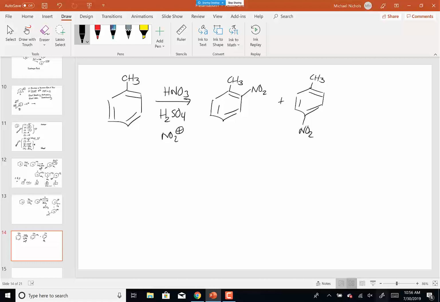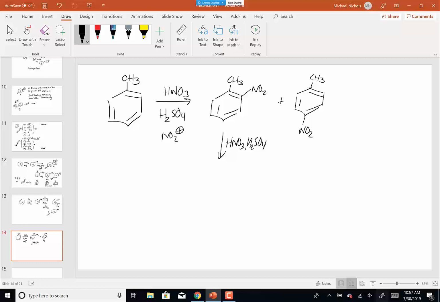All right, so I want to add another nitro group. So I want to add another HNO3, H2SO4 to the ortho nitro toluene. So what happens when two groups go on the ring? Well, that's a good question. Who is directing? Or maybe here's the possibilities.